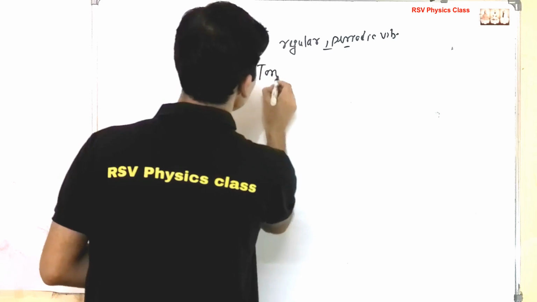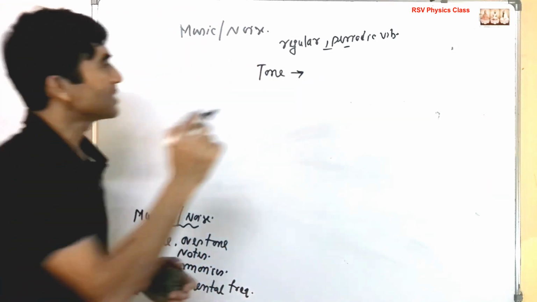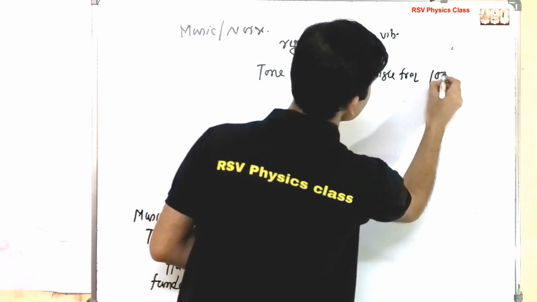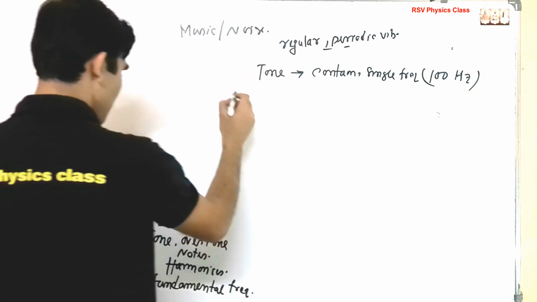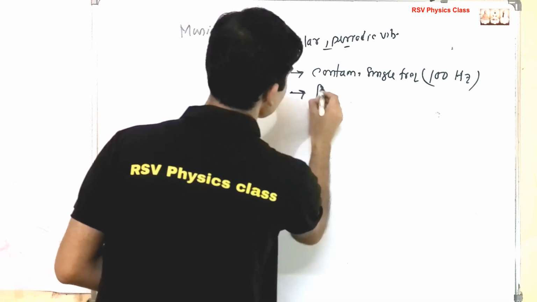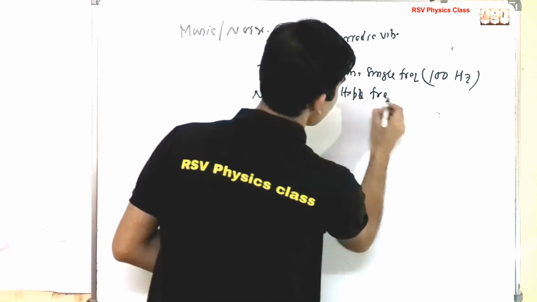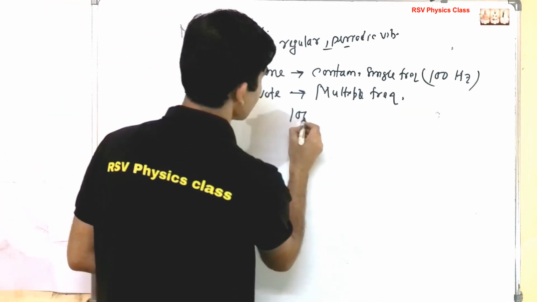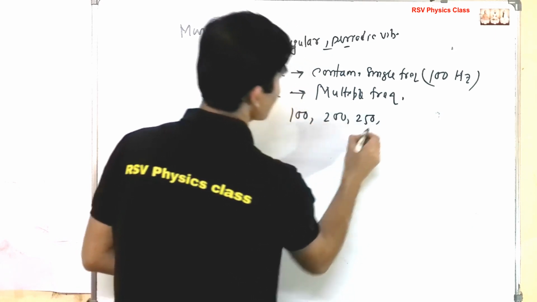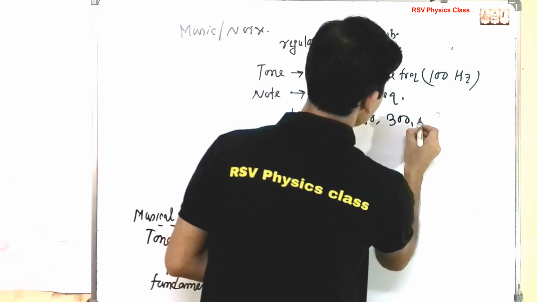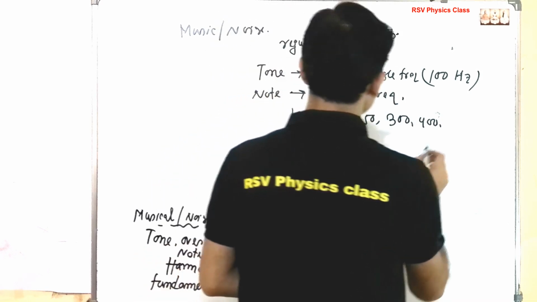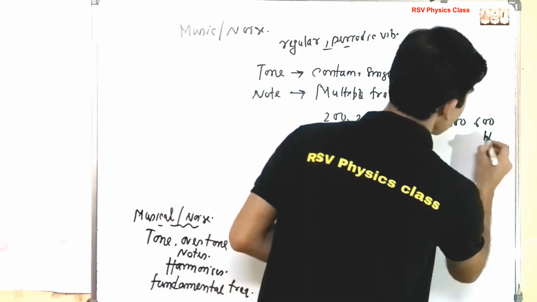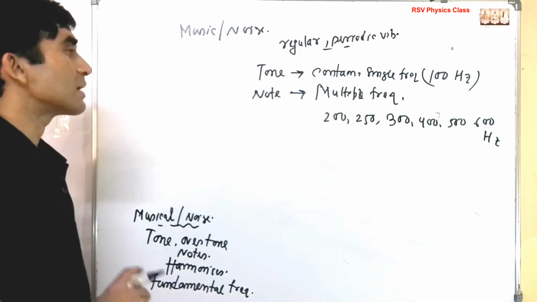Now let's discuss tone. A tone contains just a single frequency, let's say 100 hertz, only one frequency. And a note means multiple frequencies. For example, a musical song contains 100, 200, 250, 300, 400, 500, 600, so different types of frequencies. In this, what is the fundamental frequency?